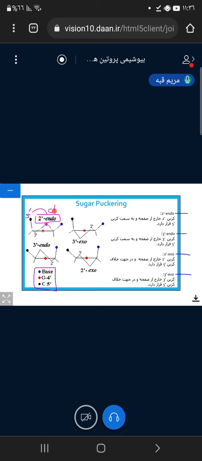Endo means close to, near to. وقتی کربن 2' به سمت کربن 5' قرار میگیره اسم کانفورماسیونش میشه 2' اندو. اندو یعنی به سمت کربن 5'.